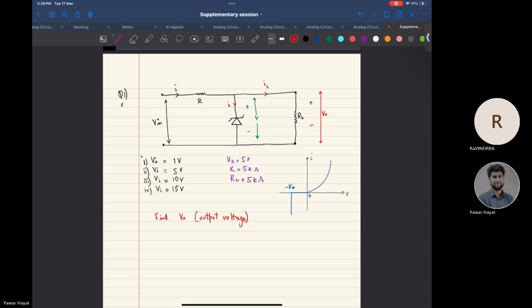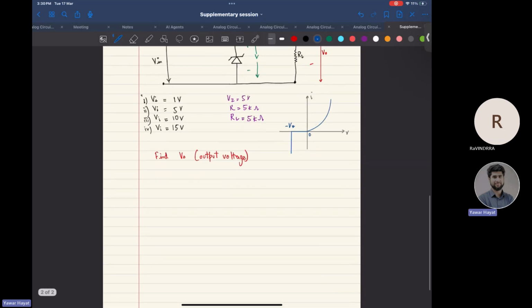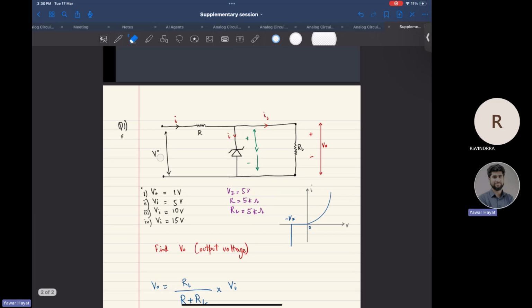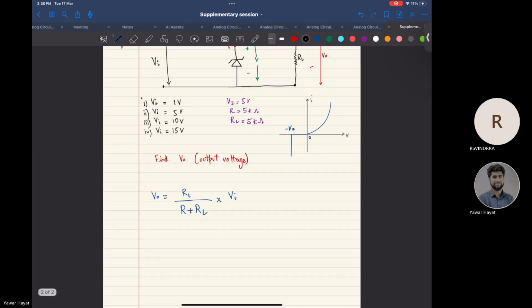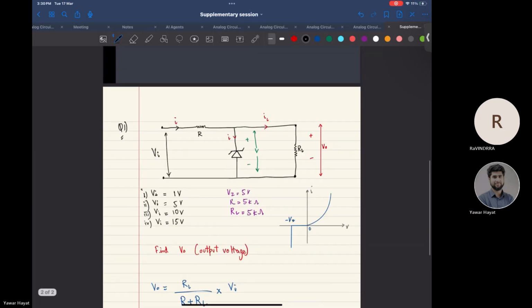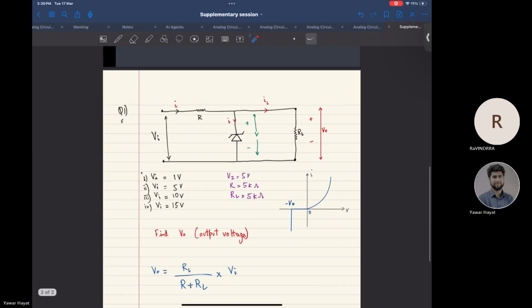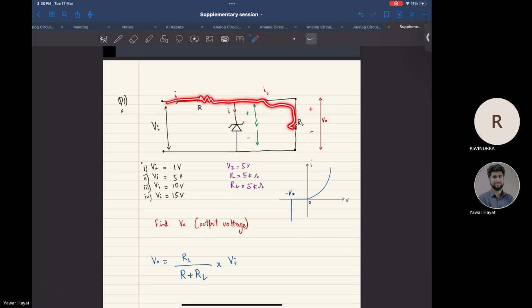So a simple voltage divider would tell us that V output would be RL whole divided by RL plus R times VI, right? This is your VI. Okay, so this is the voltage at this node, right? Voltage divider of this and this.